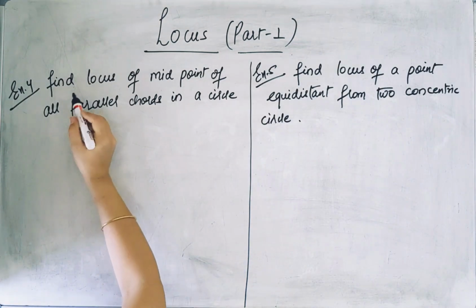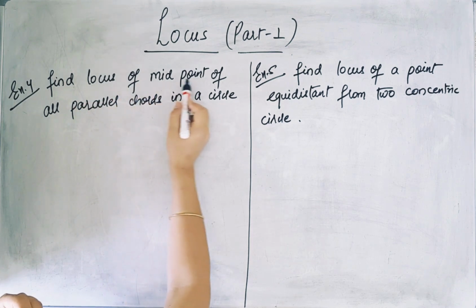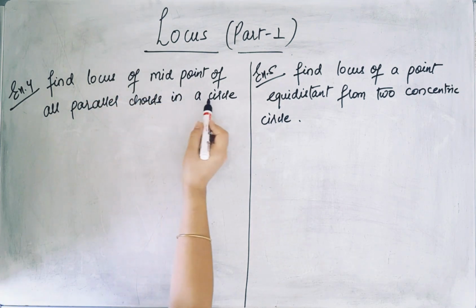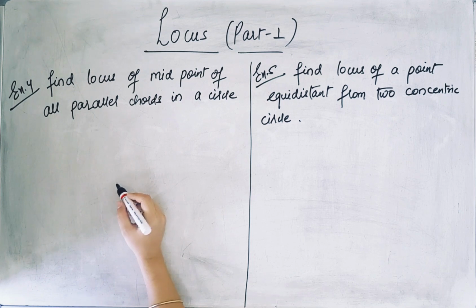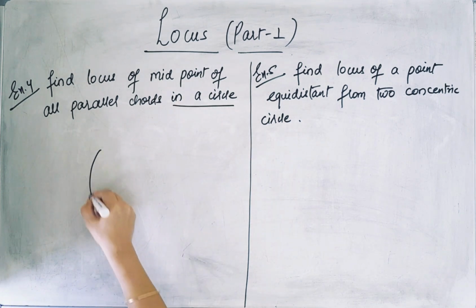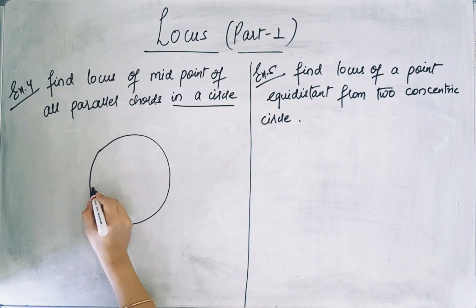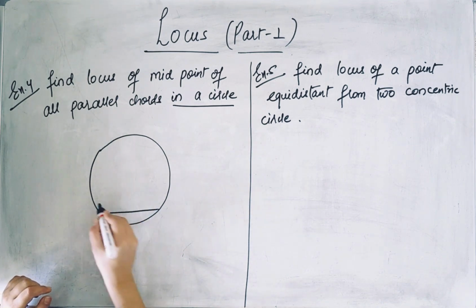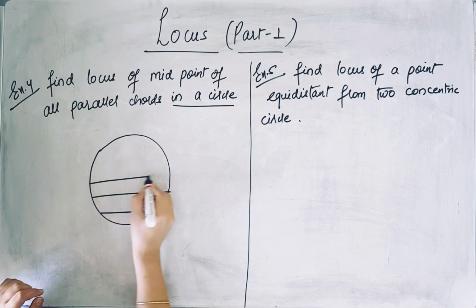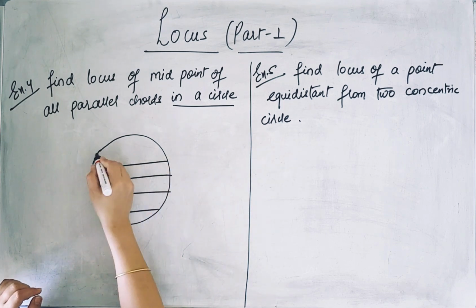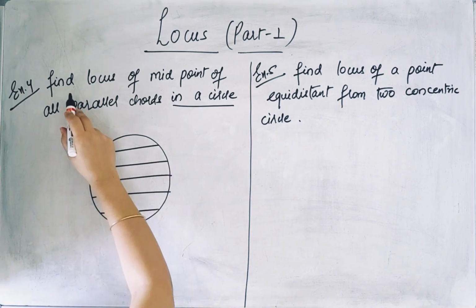Example 4. Find the locus of the midpoint of all parallel chords in a circle. Now what is given to us? A circle. I'll draw the circle over here. All parallel chords. So this is a chord, this is also a chord, this one is also a chord, this is also a chord and this one. अब locus किसका find करना है?